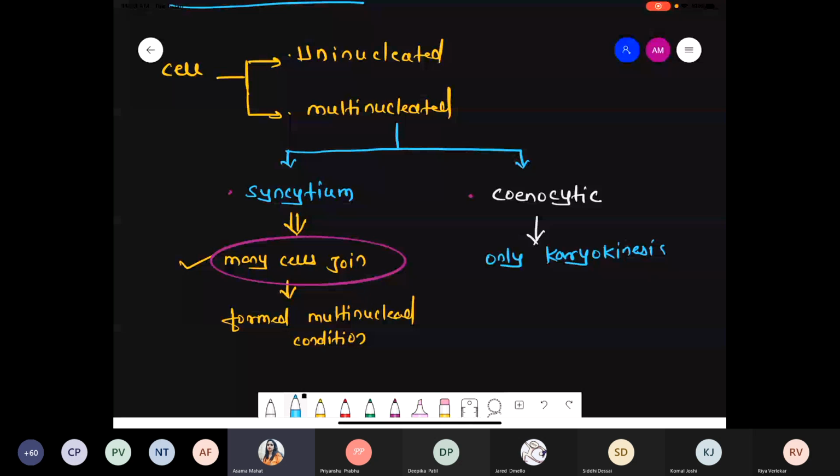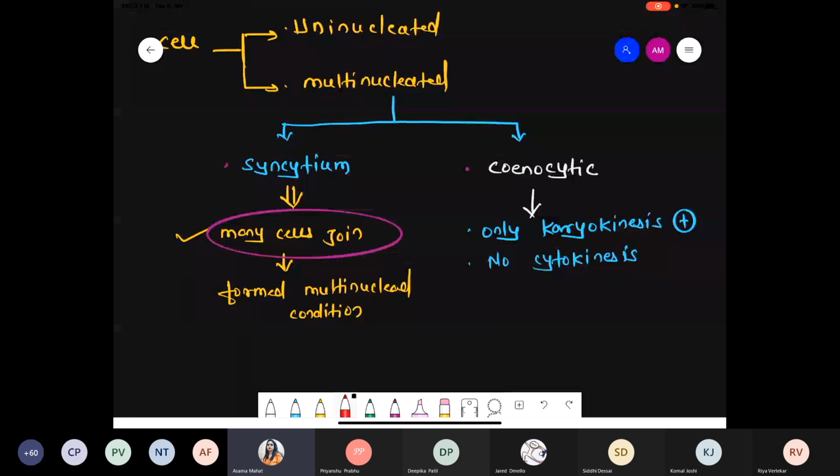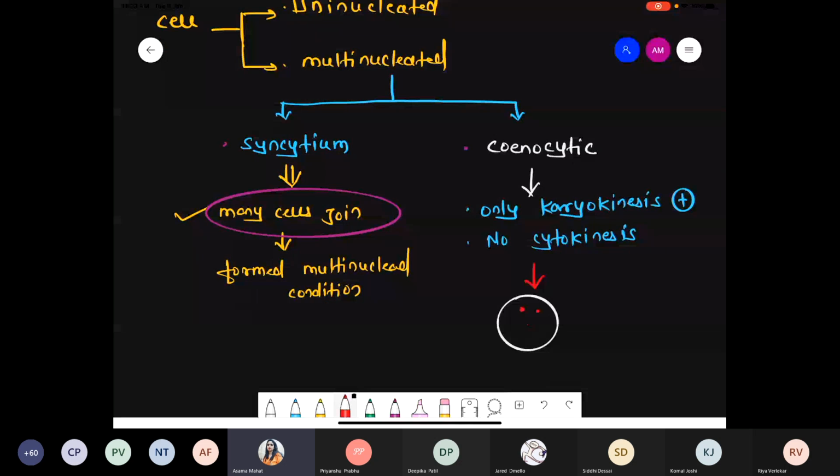Finally, the cell formed has a multinucleated common cytoplasm, and inside the cytoplasm many nuclei are present. Why? Because karyokinesis is present but there is no cytokinesis. So such condition leads to formation of the multinucleated condition.